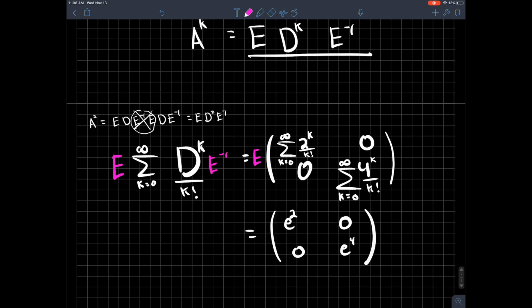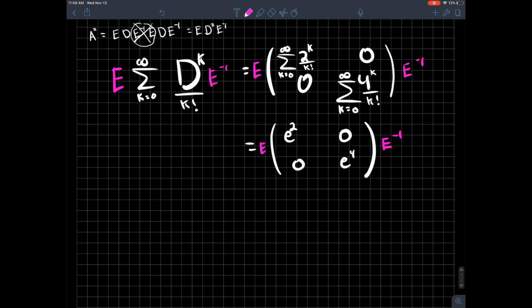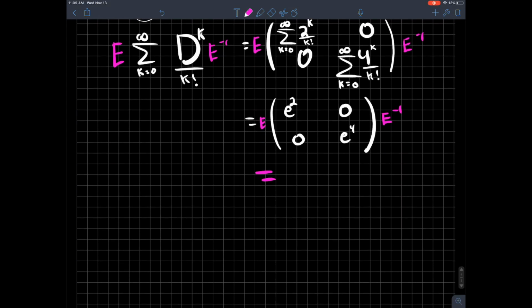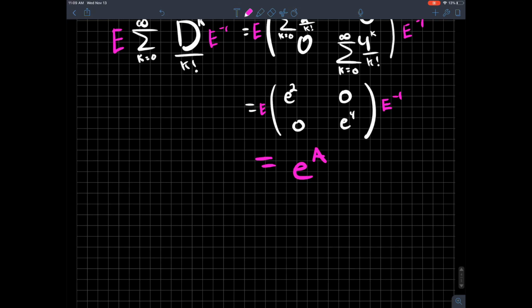So this here is e to the A. If we're interested in e to the tA, you can follow the math, and in reality, all we do is have e to the t2, 0, 0, e to the t4 times E inverse.